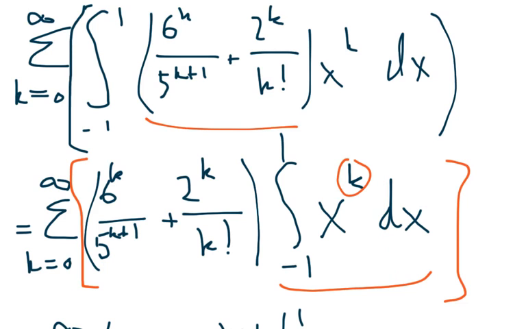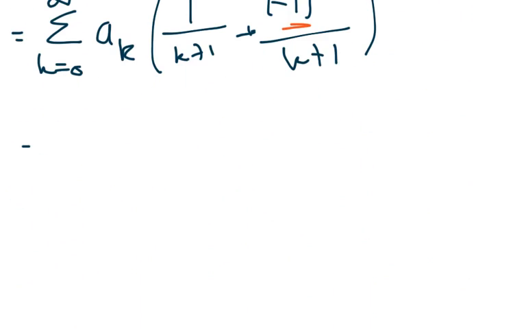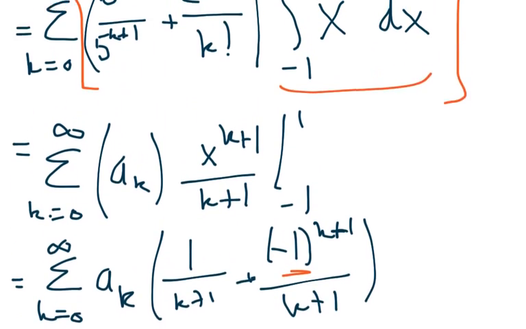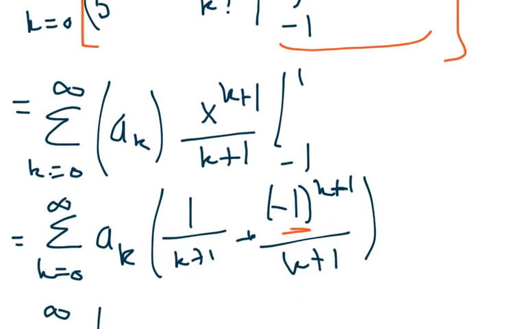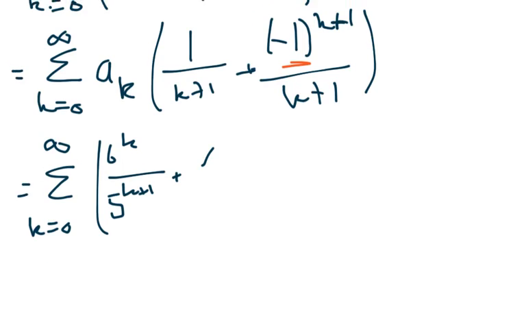And then what we're going to look at is, so we can write this out exactly. We have the sum, k equals 0 to infinity, and what did we have here? We had 6 to the k over 5 to the k plus 1 plus, whoops, is it 2 to the k?